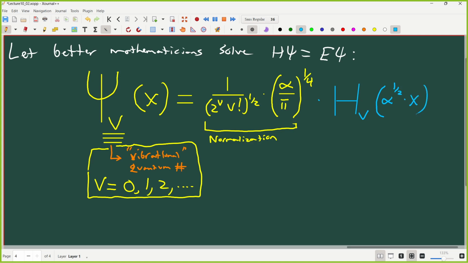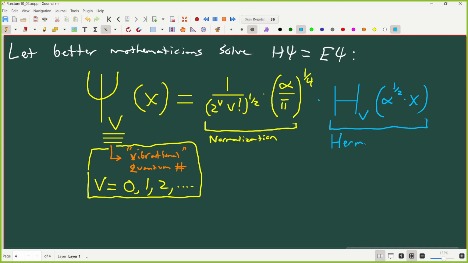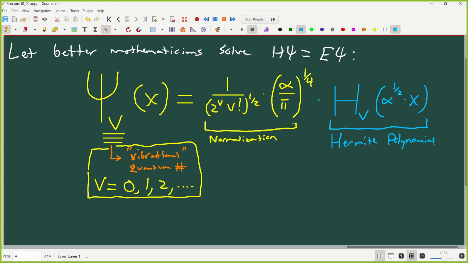This just makes it unitless. I'll show you what this looks like in a second. I will write down what these functions look like in a second.